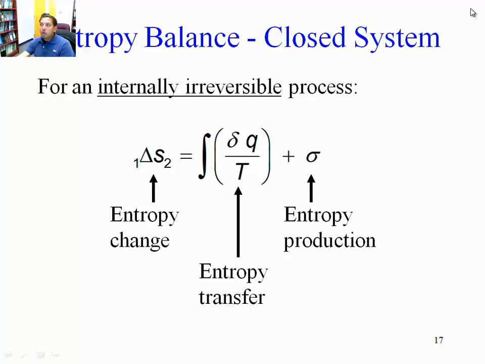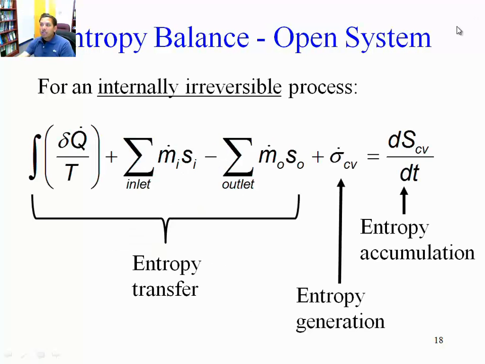In the case of an open system, the balance is slightly different. In the case of an internally irreversible process, the entropy transfer is given by the Clausius integral, now in rate form, dQ dot over T, plus the summation of the mass flow rate times the specific entropies at all the inlets, minus the summation of the mass flow rates times the specific entropies at all the outlets, plus the entropy generation within the system.